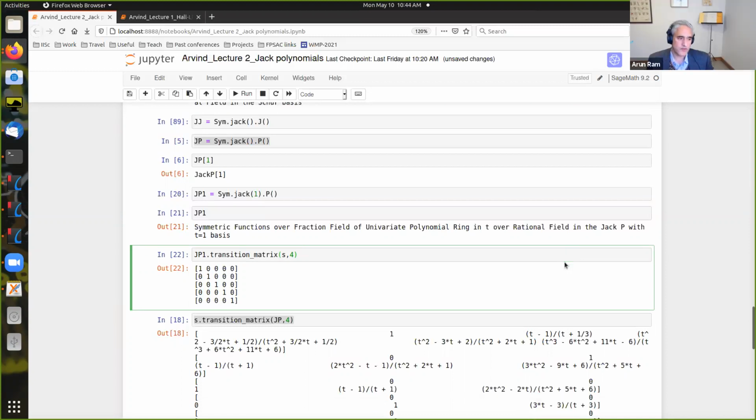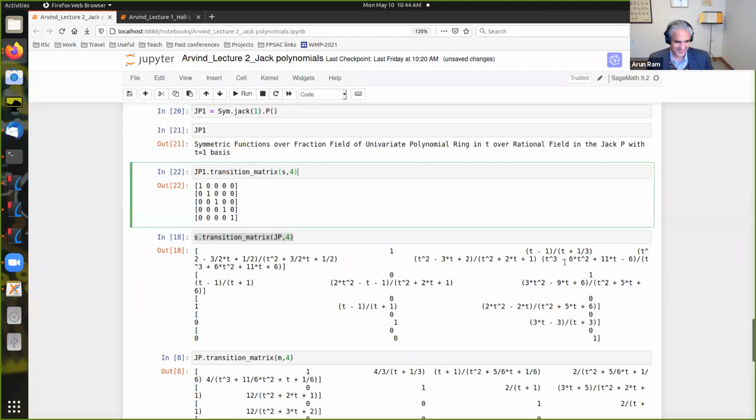I don't know how to say what I want to do. Okay, so you want to express in terms of the big Schurs. In terms of the big Schurs, yes, but then I don't know what the relation is between alpha in the Jacks and t in the big Schurs. So I have to figure it out.